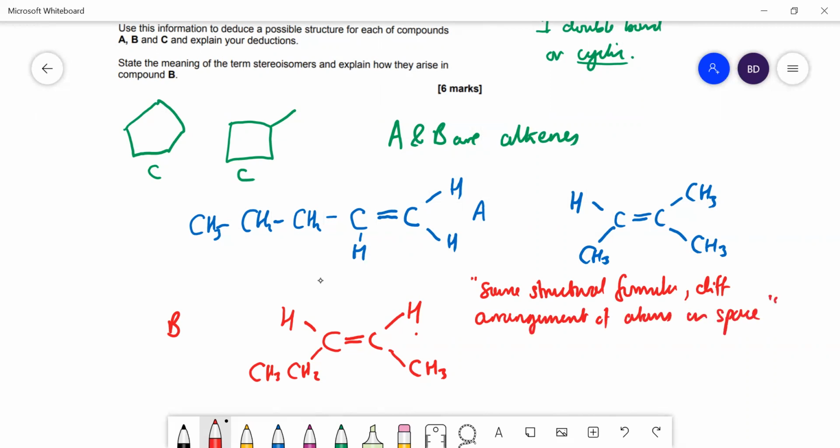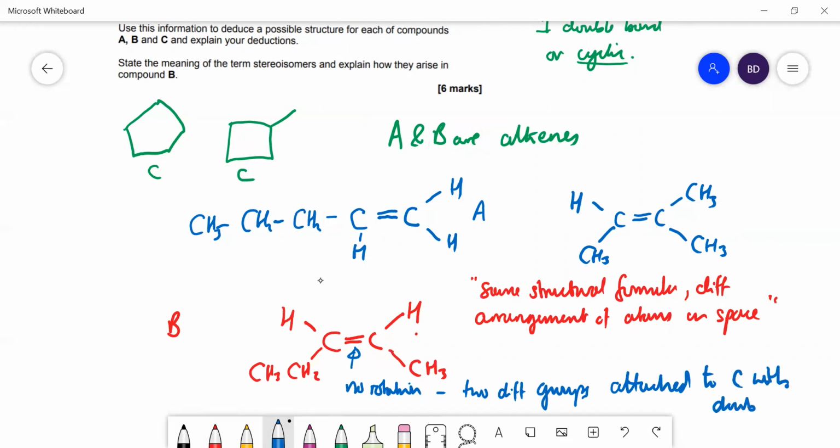Right, how do they arise in compound B? Well, it's because you do not get rotation around a double bond, just because there's a pi bond there. And also, you've got to say you've got to have 2 different groups attached to the carbon with a double bond.